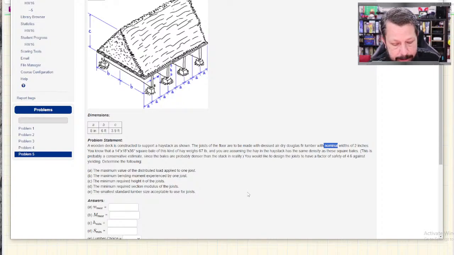But a 2 by whatever, 2 by 4, 2 by 8, is not actually 2 inches wide. So you have to go, I believe in your reference material, it's probably only in the test exam reference material, and look up, well, what's the actual width of a 2 by whatever. And I think it's like 1 5/8. So that makes this problem a little bit tricky if you don't catch that it's nominal width of 2 inches.